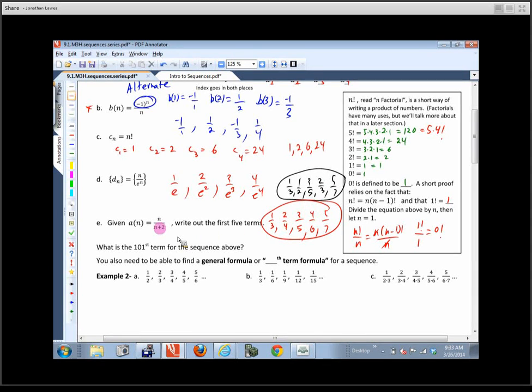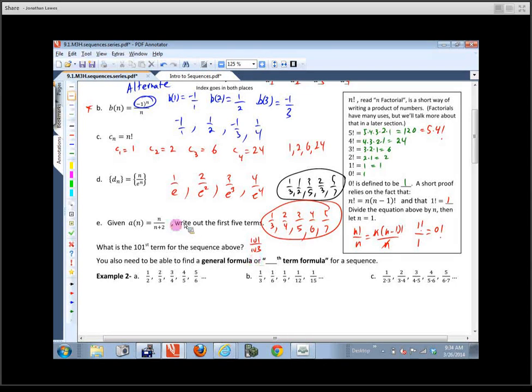Okay, what if I asked you what's the 101st term of this sequence right here? Could you find it? What would you do? Plug in 101, right? So you'd have 101 over 103. Okay, so the cool thing about an nth term formula is, unlike some other things where we were adding the first 2 together to get the third one, then adding the 2 previous ones to get the next one, you don't have to go up and find the 5th one, the 6th one, the 7th one, 90th one, 91st, 92nd, and all the way up to the 101st in order to find that.